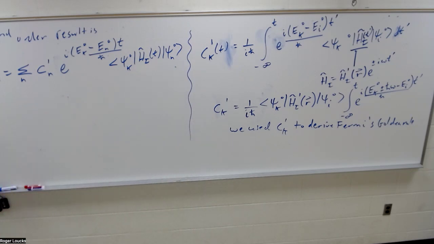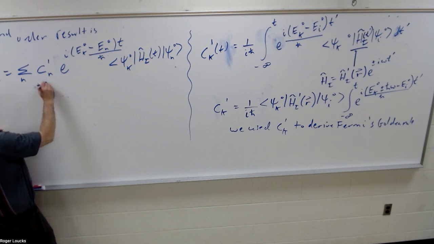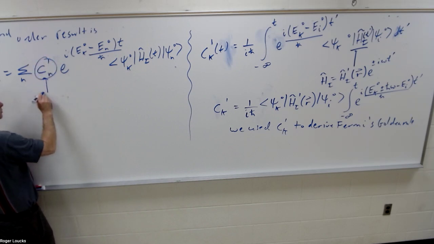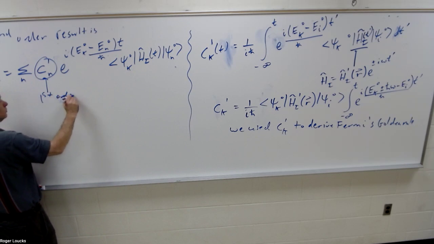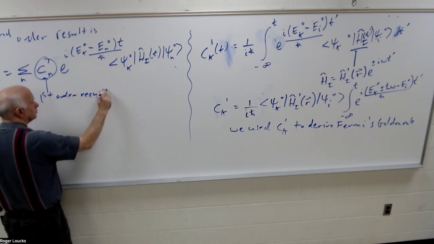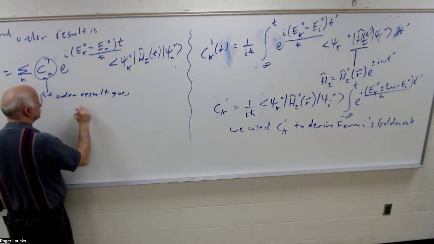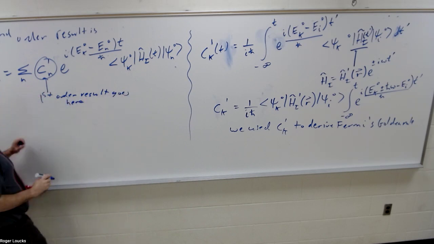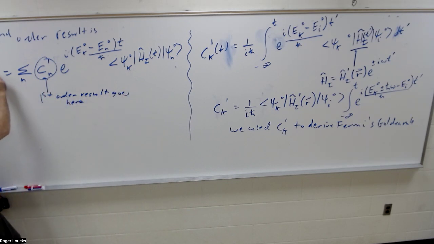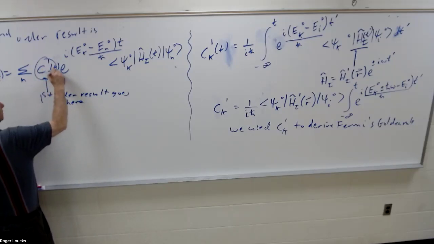That's what the second order result becomes. And basically what happens is that this is the first order result. And this is the function of t.